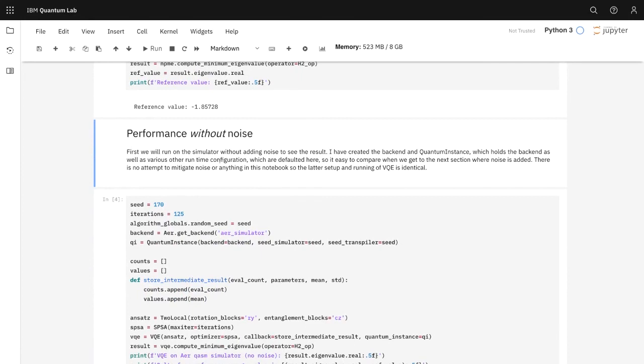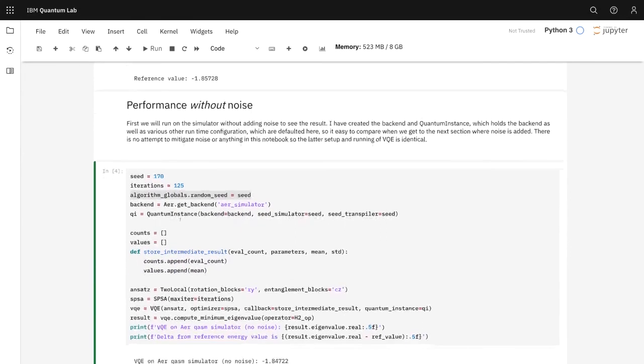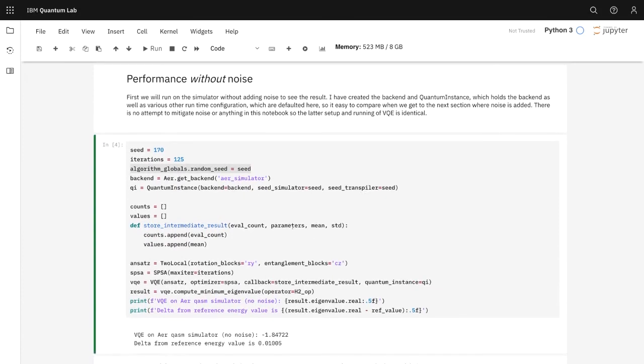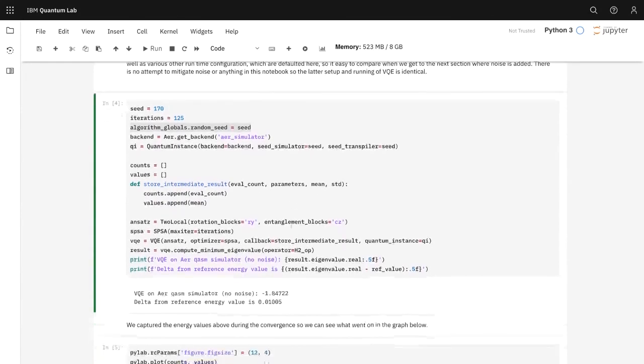So to do it, as a backend, instead of the state vector simulator, we use this Aer simulator, and we use this random seed so that all of us will get the same result, so that all the plots and everything look the same on different devices.